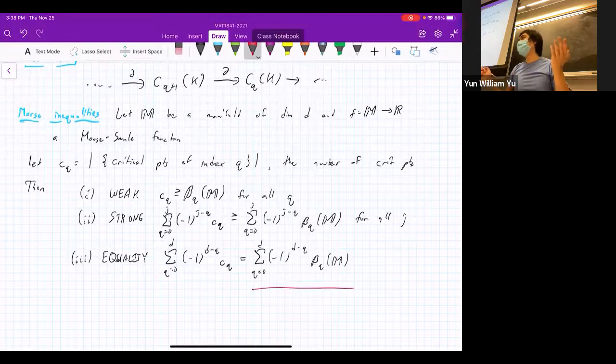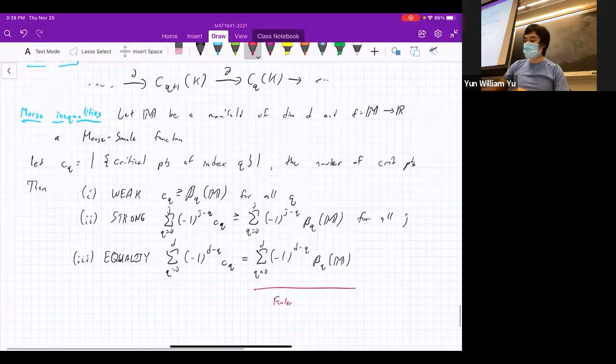So what's the alternating sum of the Betti numbers of the space? Yeah, it's just the Euler characteristic. And so it turns out that you can compute the Euler characteristic by just looking at the number of critical points of each index and taking the alternating sum of those numbers. So this is just the Euler characteristic.